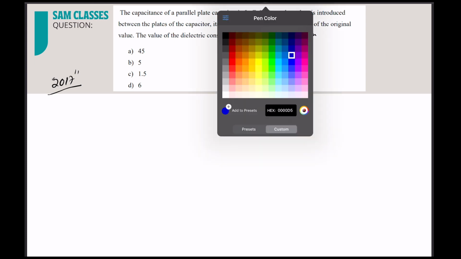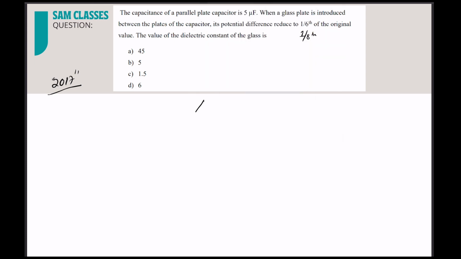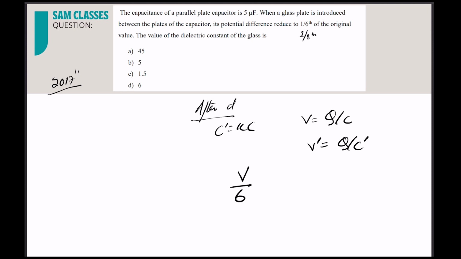The moment I insert a dielectric, capacitance is equal to K times C. We know V is equal to Q by C. So V dash, the new voltage, is equal to Q by C dash. They're telling that the potential difference reduced to 1/6 of the original, so the new potential is V by 6.